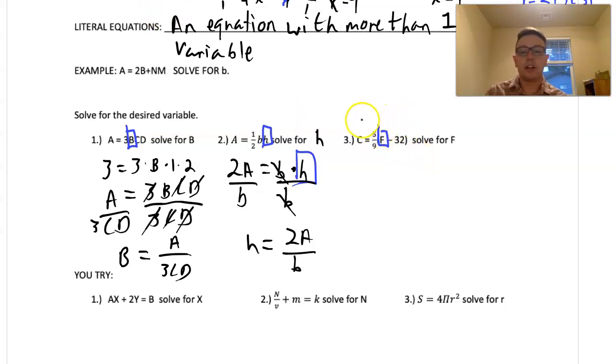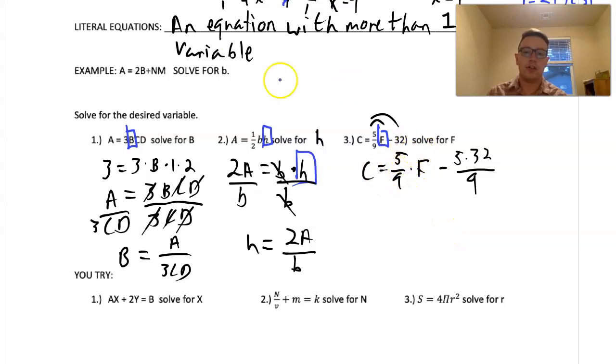What would we do if this were a normal problem? We'd distribute the 5/9 in. So let's do that. We get c is equal to 5/9 times f minus 32 times 5/9. I don't have a calculator with me, so I'm just going to leave that as 5 times 32 over 9. What would be the next thing we have to do?